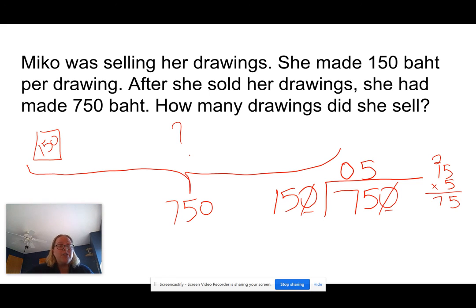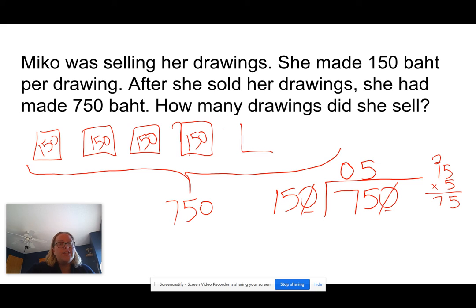Do I have my answer yet? Yes, she sold 5 drawings. I can fill it in or I can just leave it. Does that make sense? You have to think about what the question is asking.